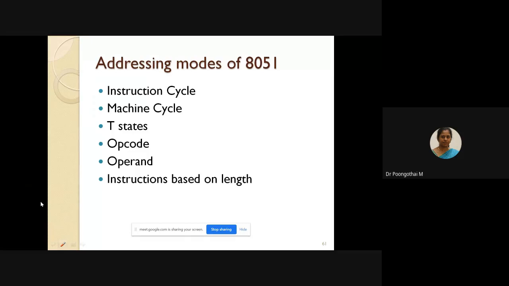The definition of instruction cycle is the time required for the microcontroller to fetch all the required parts of the instruction and execute that instruction. This consists of two cycles, that is fetch and execute.